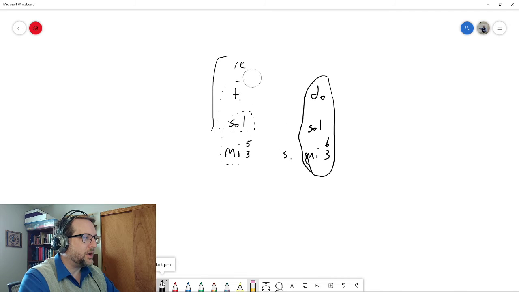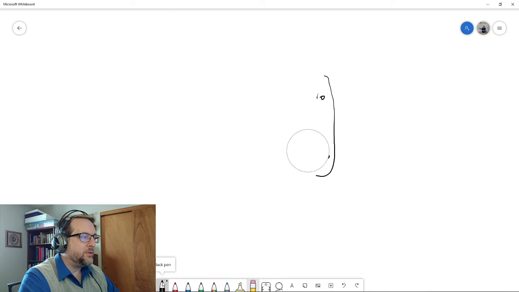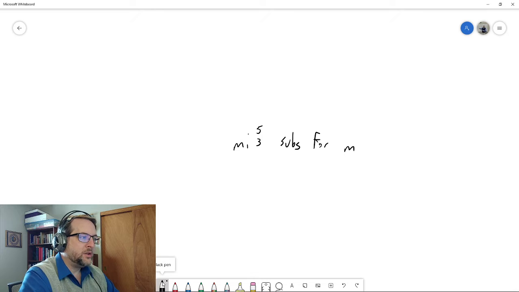So let's just go back here to our Mi 5/3 chord. The Mi 5/3 chord acts as a substitute for Mi 6/3. And it changes the color a little bit.